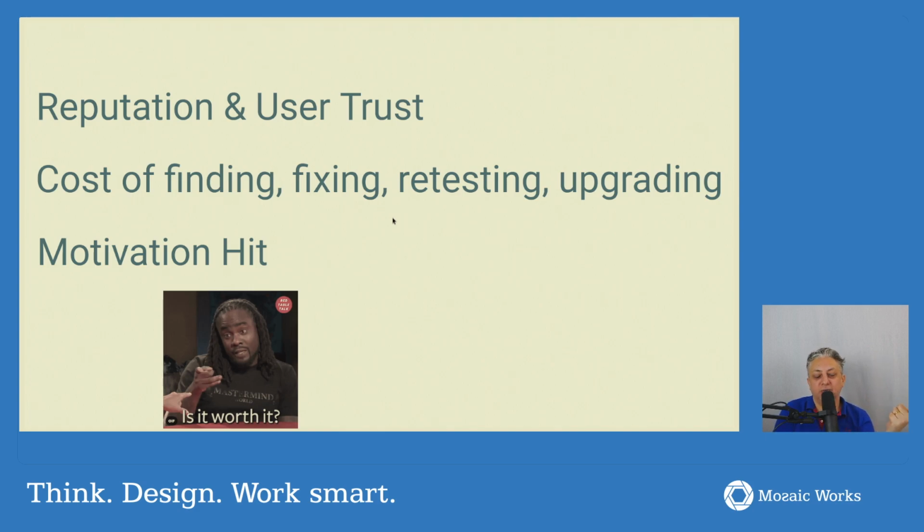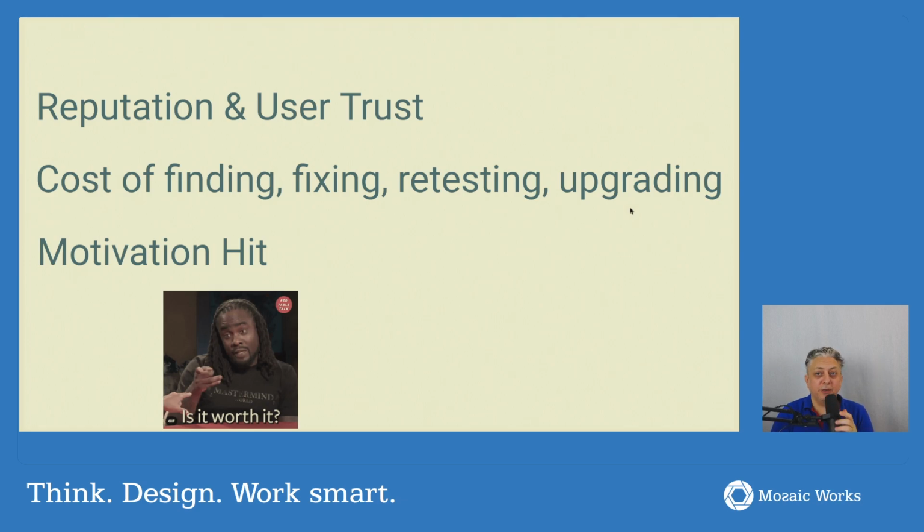They need to find where the bug originates. They need to find a fix. They need either to retest it or to send it to QA for retesting or involve testers. And then you eventually need to include the fix into a build and deploy that build.